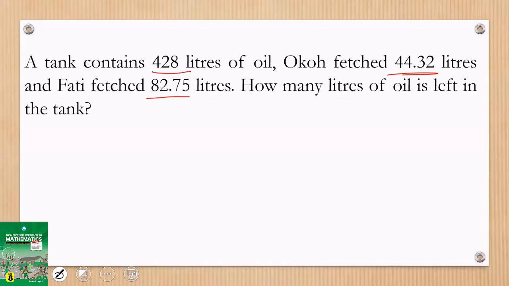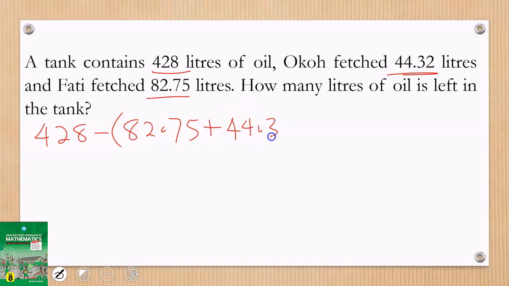And so together, the amount they fetched is taken away from the total, which is 428 minus the sum of Fatih's amount, which is this, and that of Okun, which is that. So we can add these two numbers and then we subtract it from the total oil in the container.